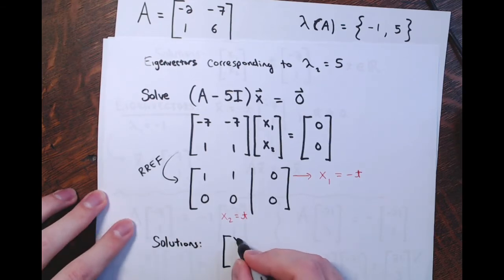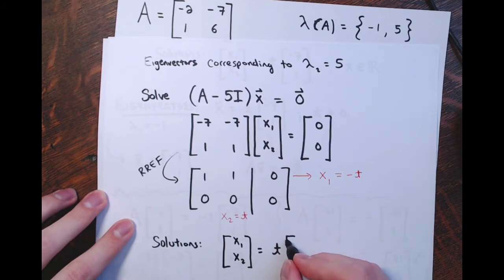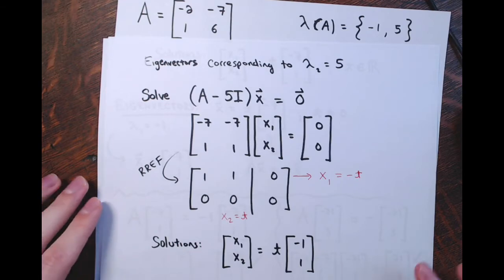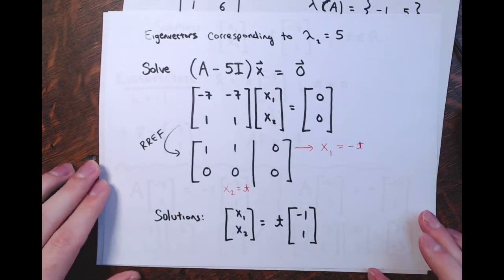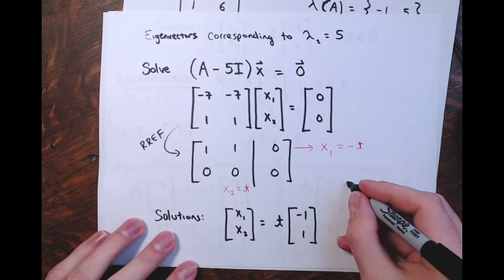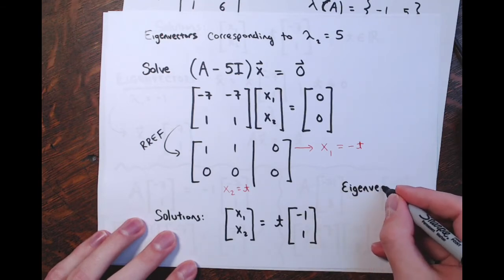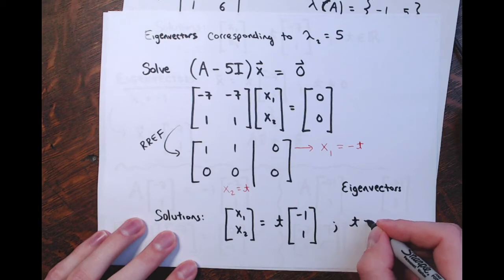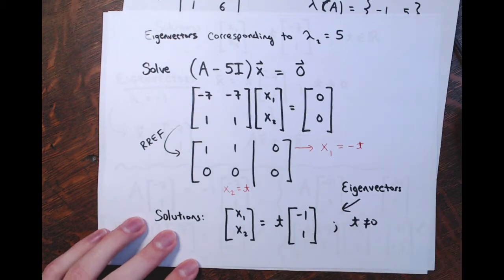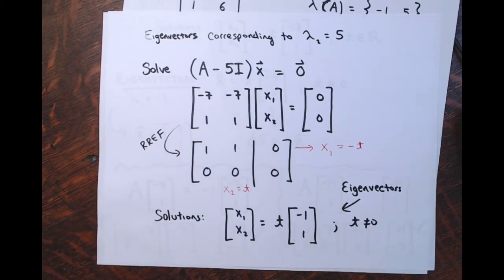The x1, x2, my vectors are just t times the vector negative 1, 1. And then for the eigenvectors, I just make sure that t is not 0. Just make sure t is not 0. Because remember, an eigenvector is defined as a non-zero vector that satisfies that equation.